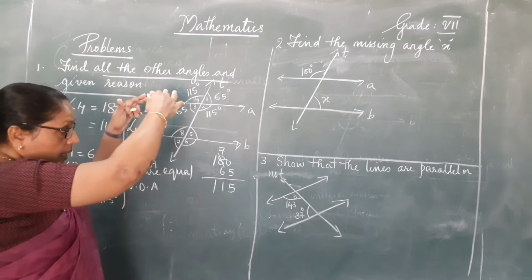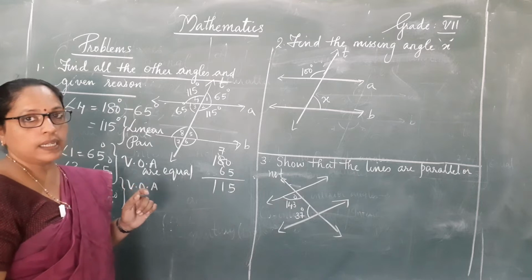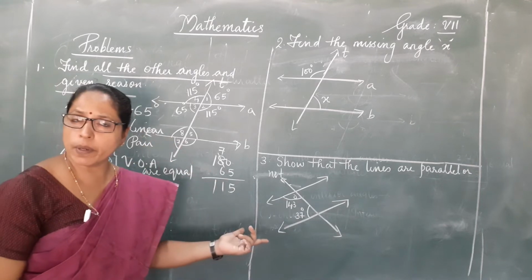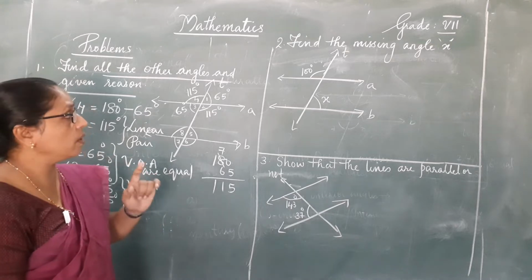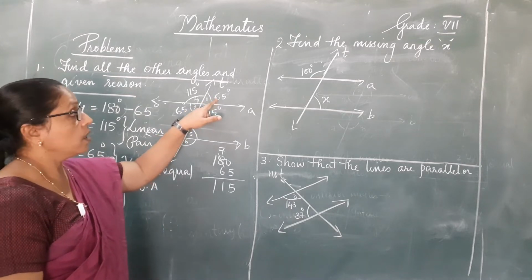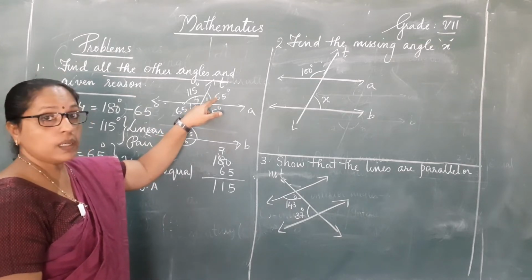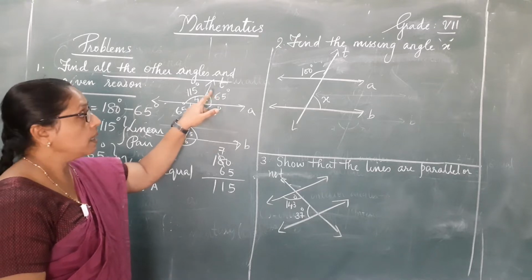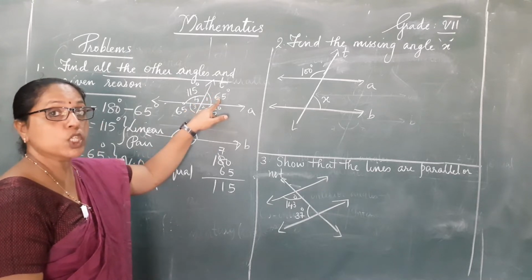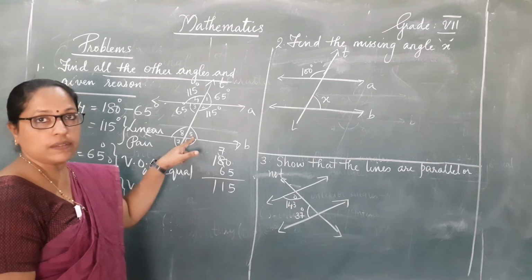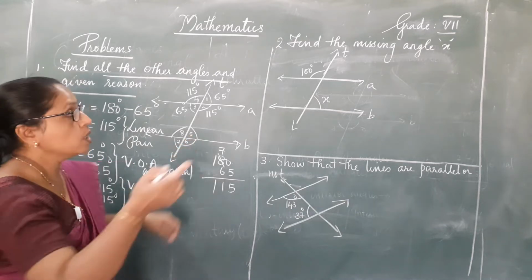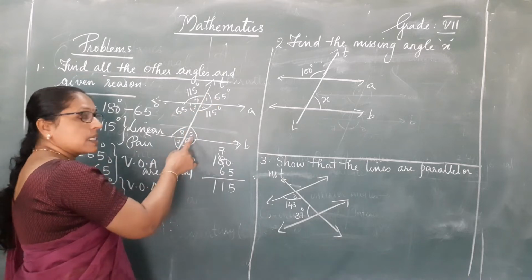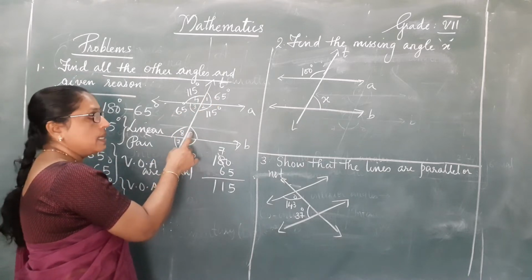Now to find the lower part angles, we can use the corresponding property, the alternate property, any property which you like. Let's use corresponding. Angle 1: what is the matching angle of angle 1? Corresponding angle 5. We learned corresponding angles are equal. So when angle 1 is 65, its corresponding angle 5 will also be 65.